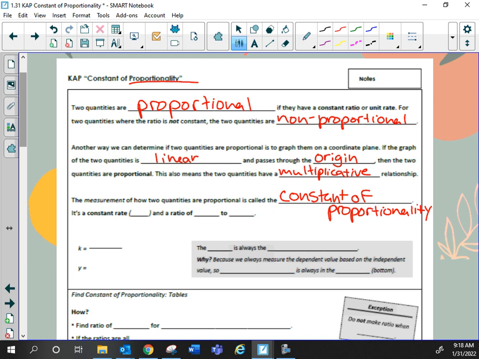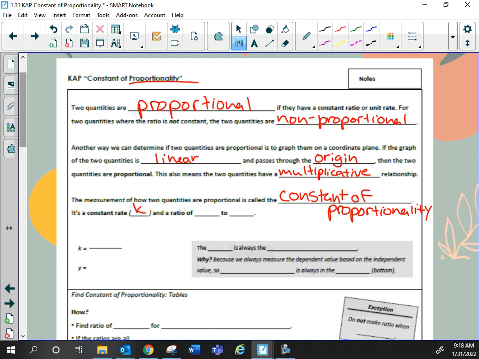Okay? And here we go with algebra. They use a letter to represent it, the constant of proportionality. It changes sometimes, but on your STAAR chart, they're going to use the letter k to represent your constant of proportionality. But again, it's just whatever your multiplier is.